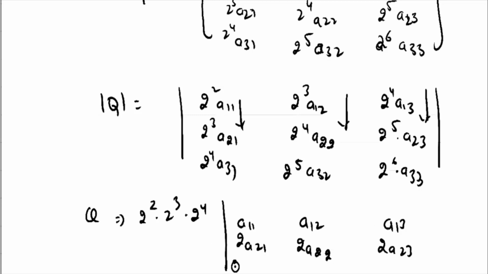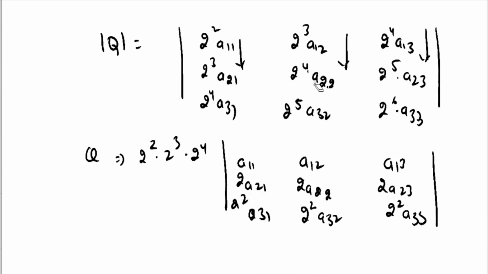Here we have 2 square A31, here we have 2 square A32 and here we have 2 square A33. Let me correct it here. Here we have 2 square A31. Now we will take 2 common from this row and 2 square common from this row.